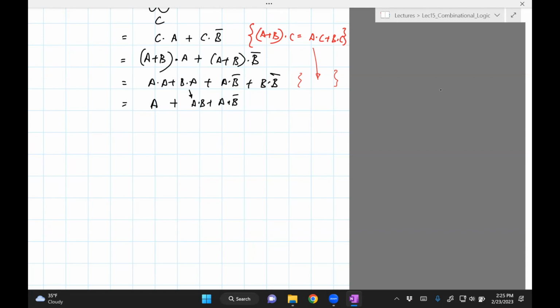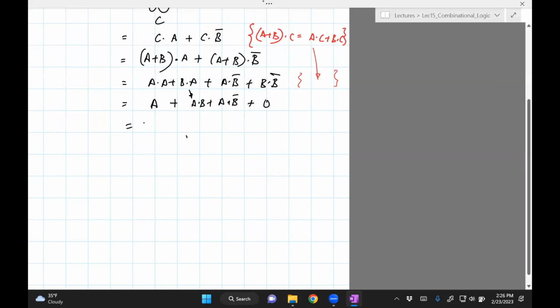Note that I switched the order of A and B because they're commutative. Then B dot B complement has to be 0: if B is 0, then 0 times anything is 0, but if B equals 1, then B complement will be 0. So that should be 0.